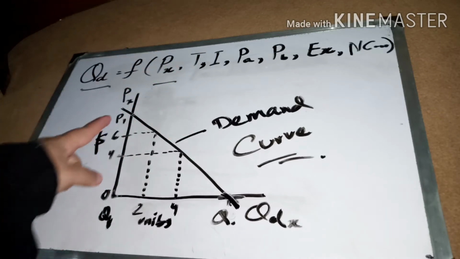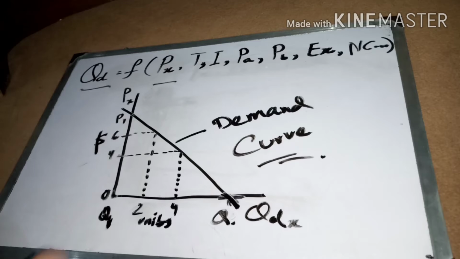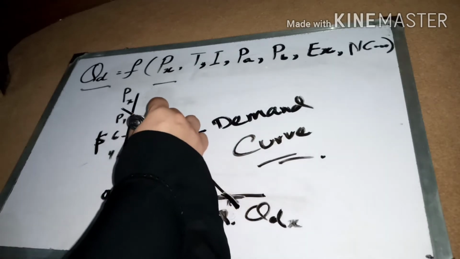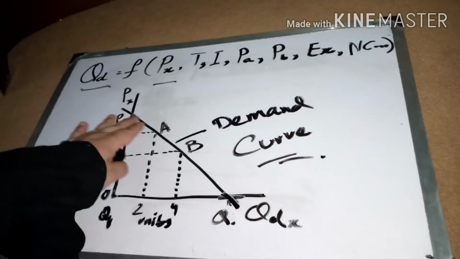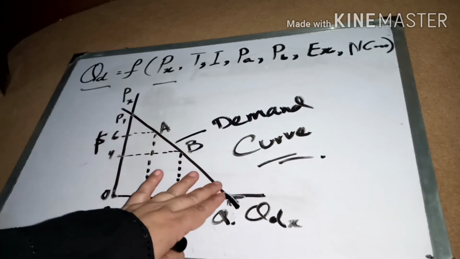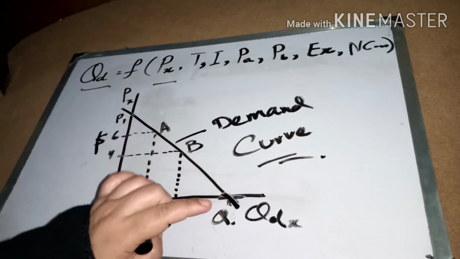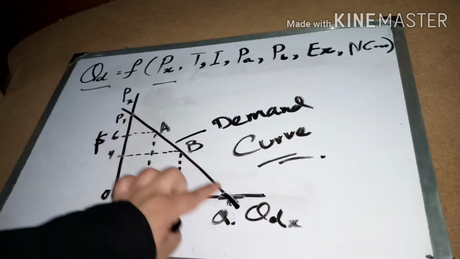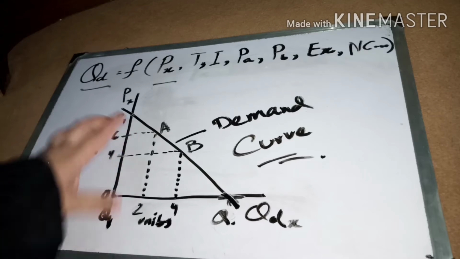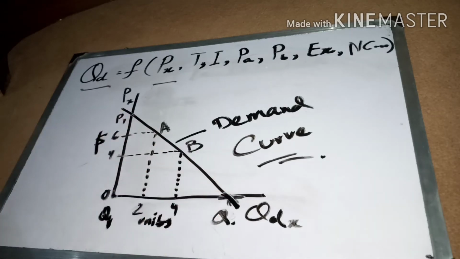Now this is the demand curve and this is the movement of the quantity demanded along the curve.